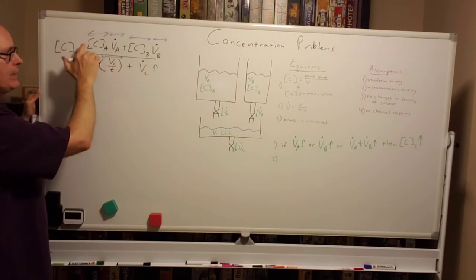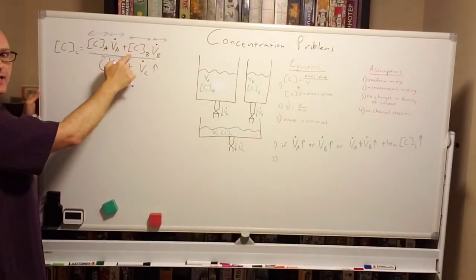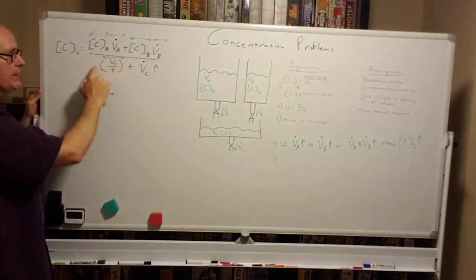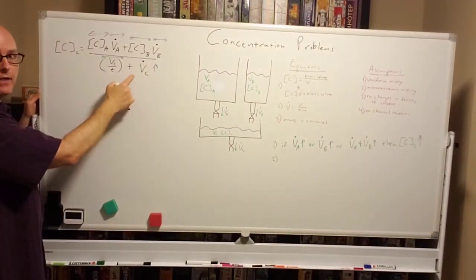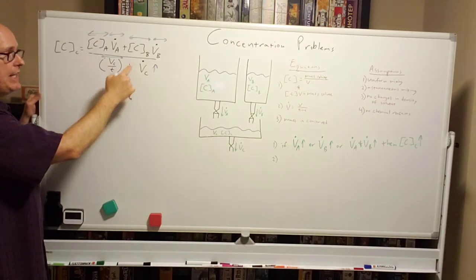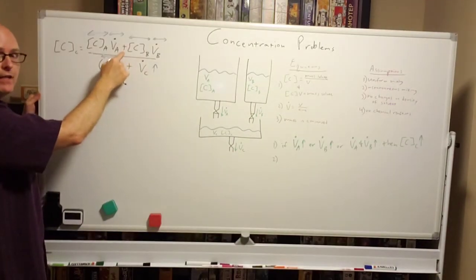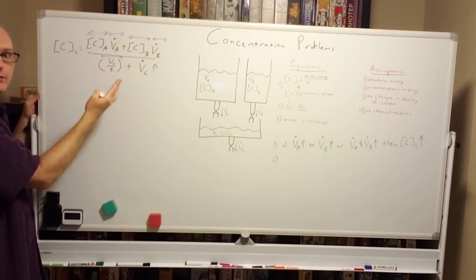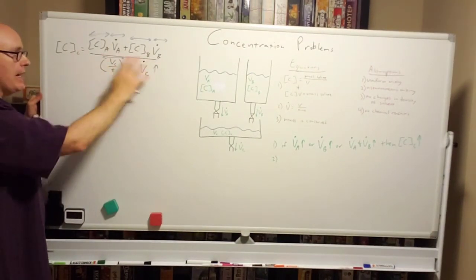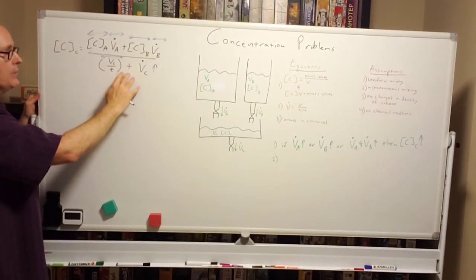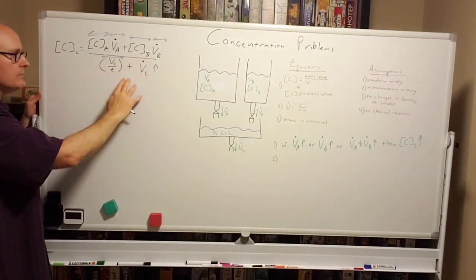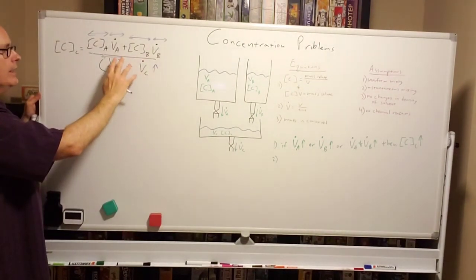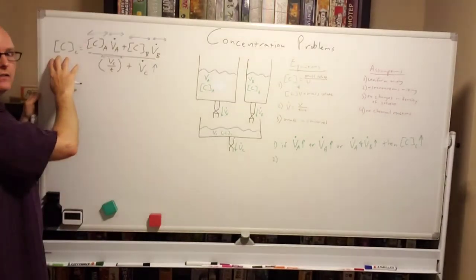So we can see that the numerator remained constant, but the denominator is getting bigger. If the denominator gets bigger, but the numerator remains constant, then that must mean that this gets smaller. So we have an inverse relationship because these factors are in the denominator. Anything that happens here will inversely affect this concentration.